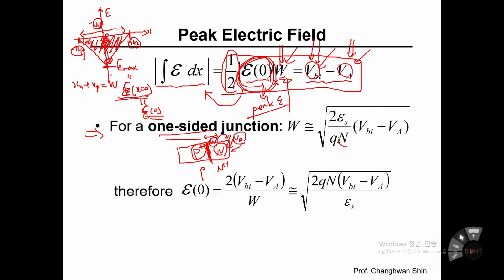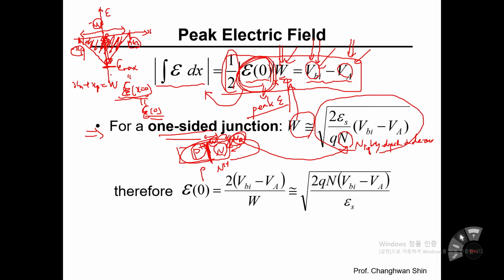So here N should be substituted with N of the lightly doped side. Then in this specific case, a P plus N junction, take the donor concentration and plug in here, then you're gonna obtain the depletion layer width. So for a given one-sided PN diode, the depletion layer width can be obtained using this equation.